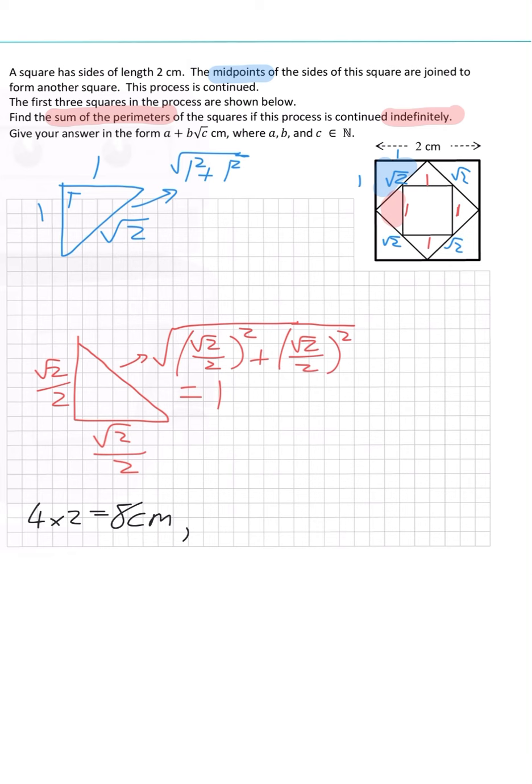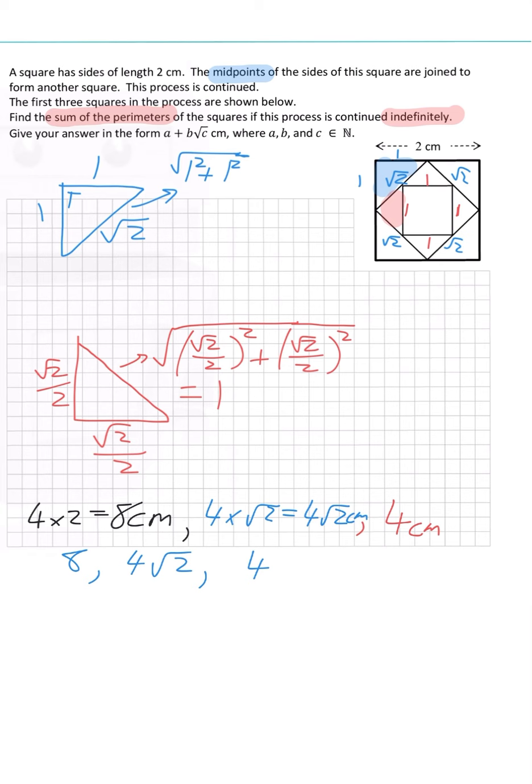The next one had sides of root 2, so 4 times root 2 will just be 4 root 2. And then the next square had sides of 1 centimeter, so that'll just be 4 centimeters. So the sequence is 8, 4 root 2, and then 4 centimeters.